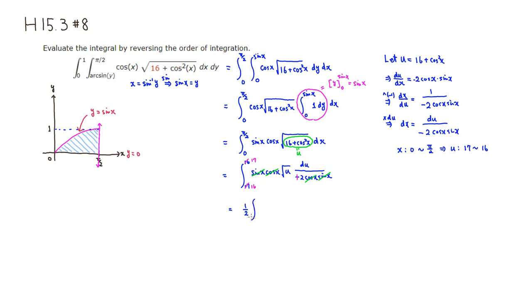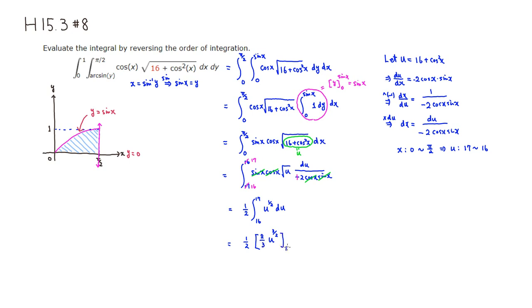The integral from 16 to 17, right? Square root of u can be rewritten as u to the 1/2 power. Then you have a du, right? Then we can just take the antiderivative. So the antiderivative of u to the 1/2 power is add 1, so u to the 3/2 power. Divide by 3/2 is equivalent to multiply by 2/3.